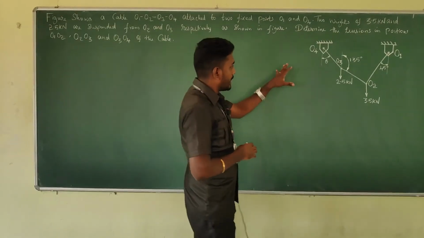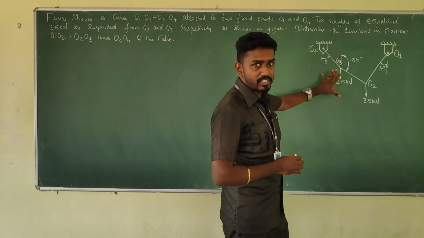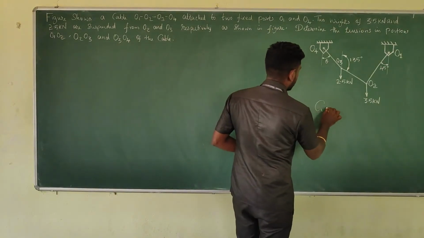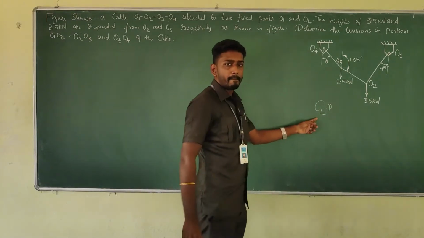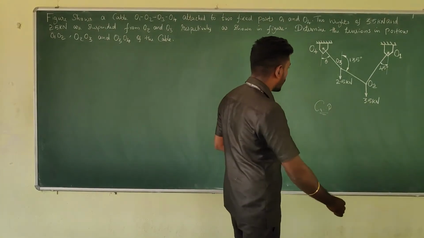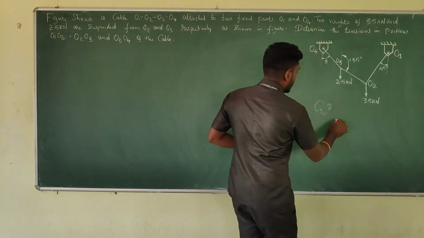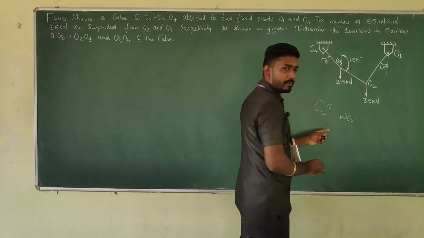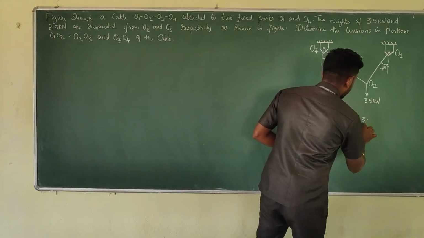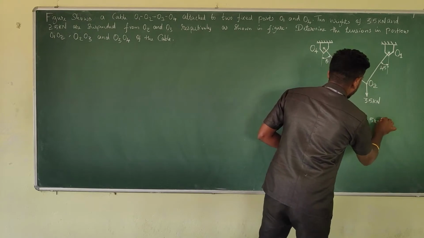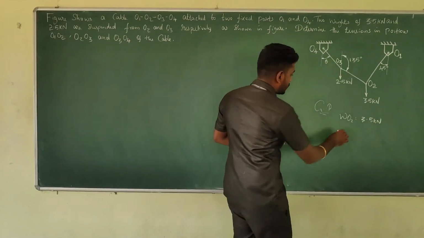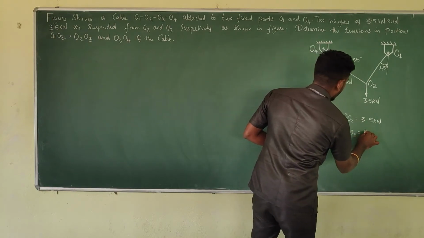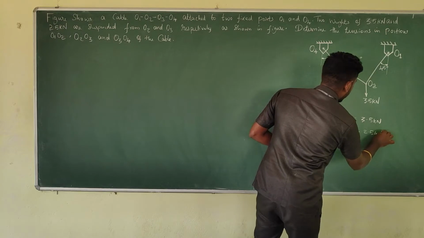So this is how the arrangement of the cable system is. First of all, let us take the given data. In this given data, I can say two weights are there: the weight at the point O2, which is given as 3.5 kilonewton, and the weight at O3, which is given as 2.5 kilonewton.